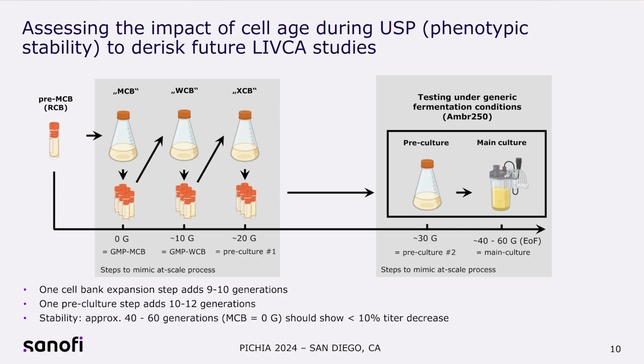So just adding additional generations within different cell banks and using them for fermentation testing and seeing if there are any trends, any difference in production performance. And if you do that up to a WCB level, you can already mimic how a production process would look like in a small scale setup. And then if you do that even further in an extended cell bank, you can even look at cells that have gone beyond the limit of in vitro cell age.